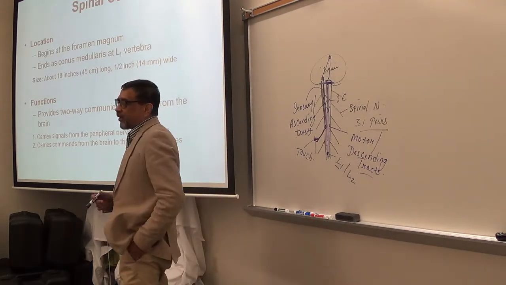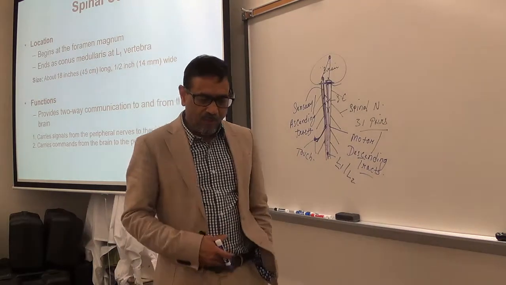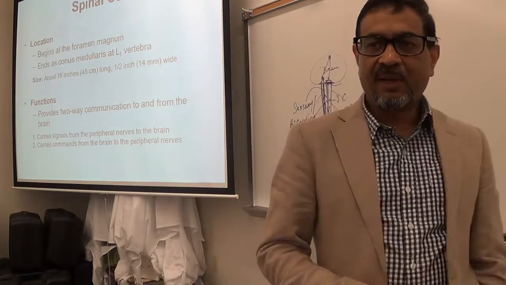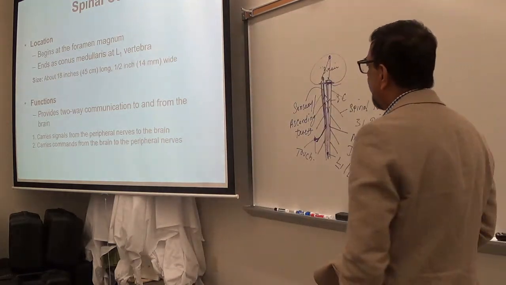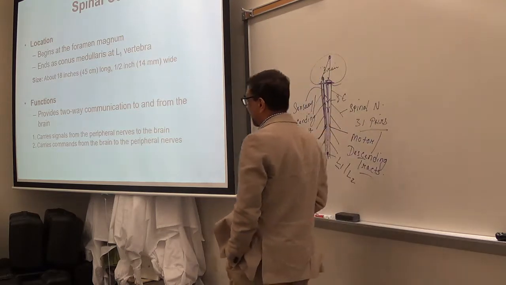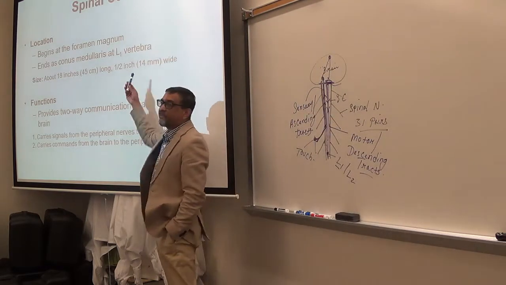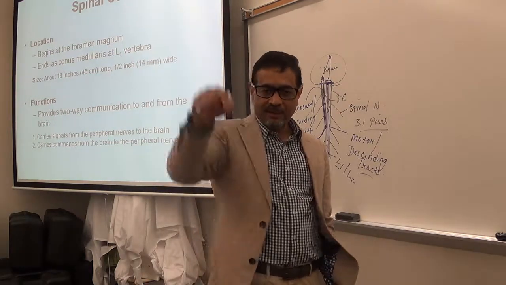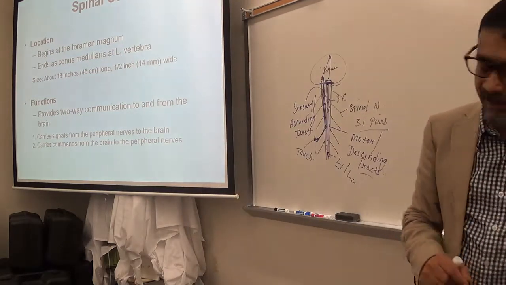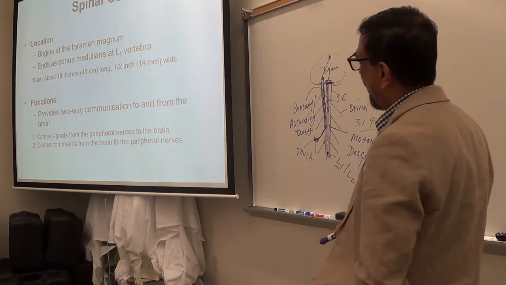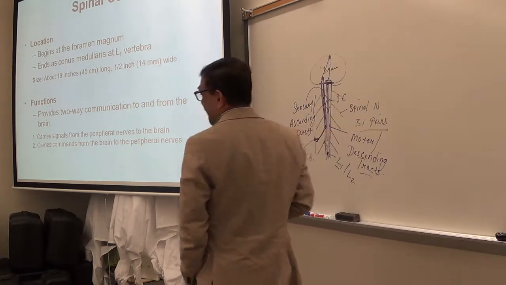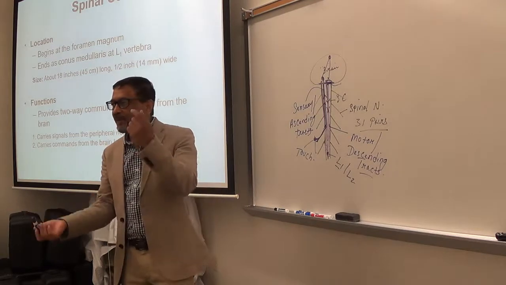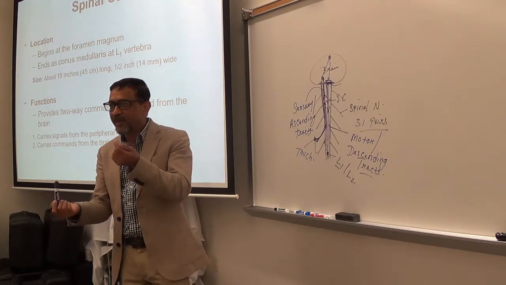The length of the spinal cord in an adult person is about 18 inches. That means 45 centimeters long and half an inch or 14 millimeters wide. I have already mentioned the function. How many types of tracts inside? 2, right?